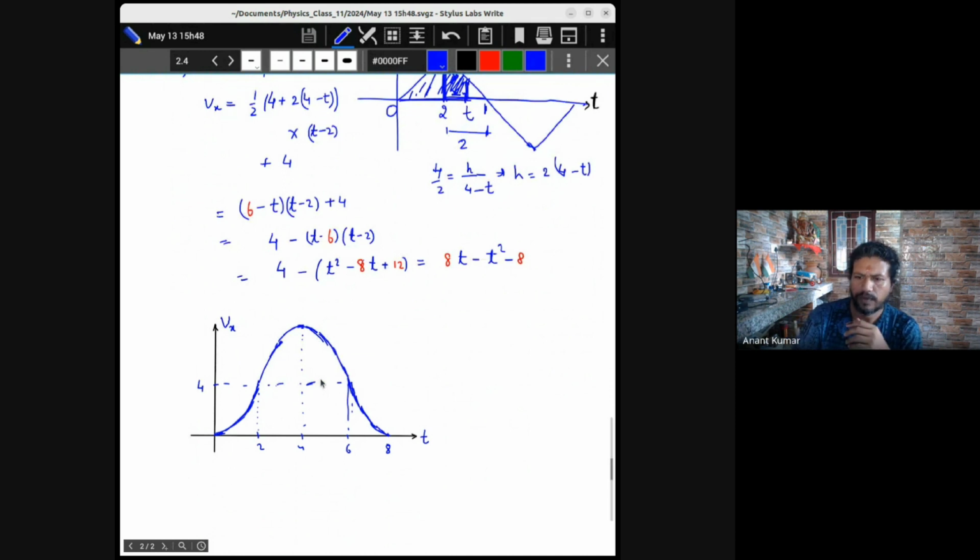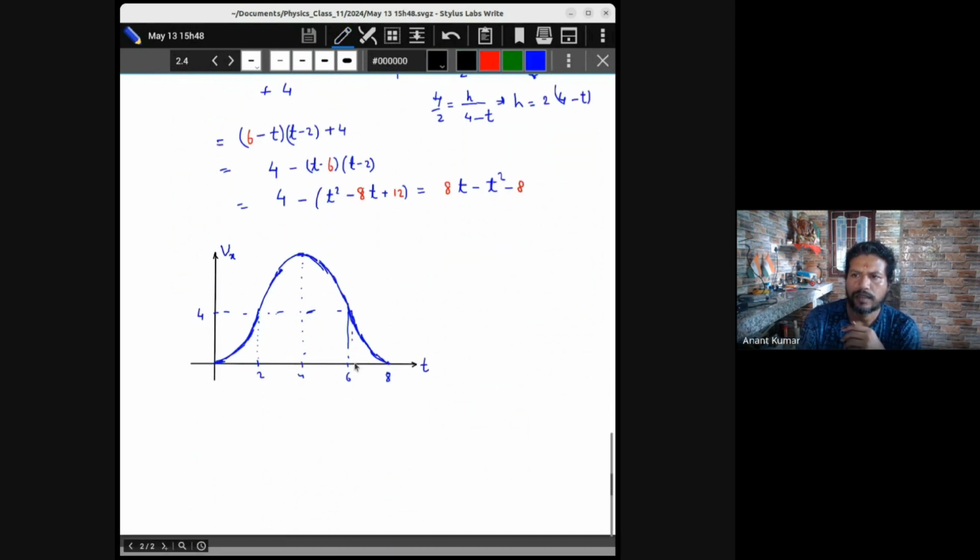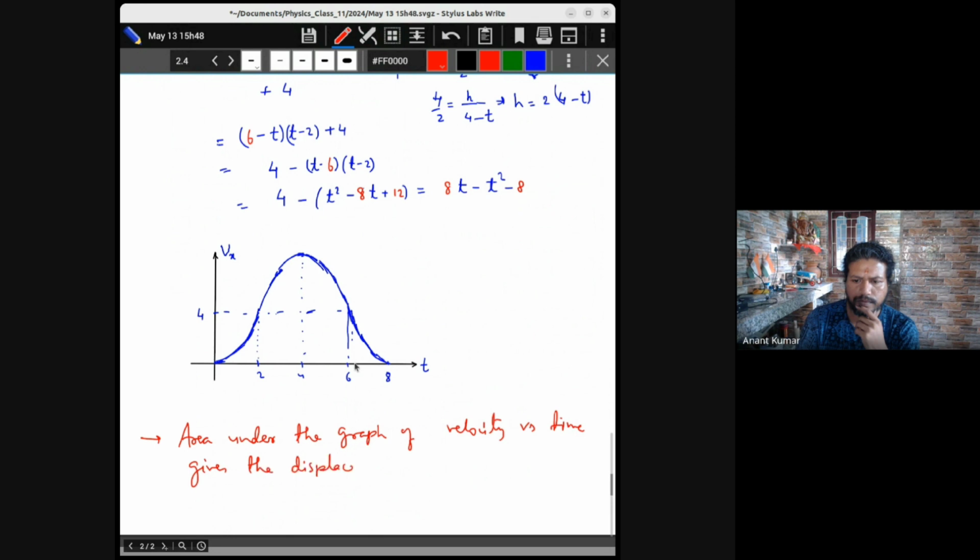Just note the point that the area under the graph of velocity versus time gives the displacement. Okay, that gives you displacement.